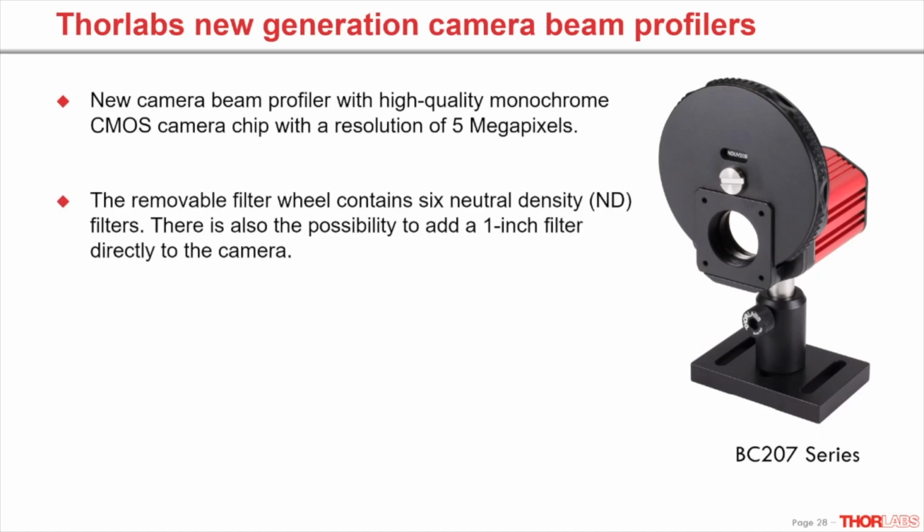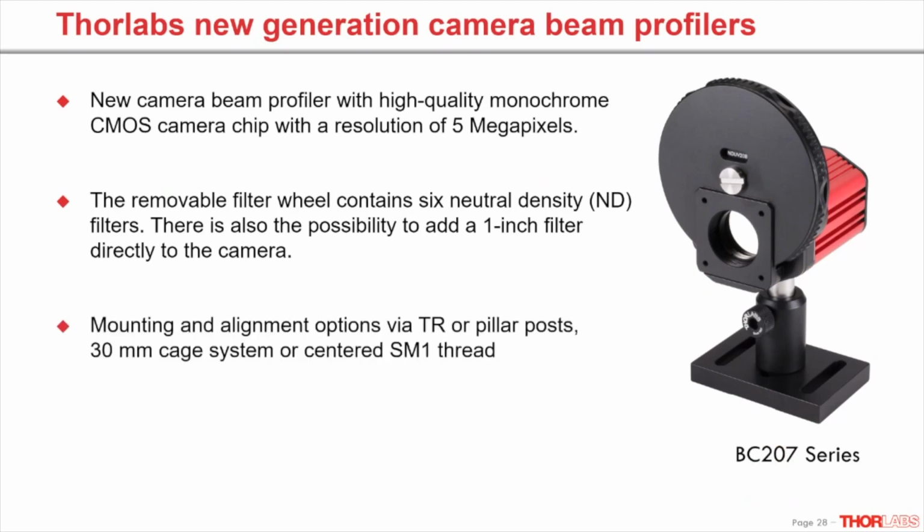To be able to cover a high dynamic range, a removable 6-position filter wheel containing filters up to 60 dB attenuation comes with the beam profiler. The camera itself is also capable of holding a 1-inch neutral density filter.